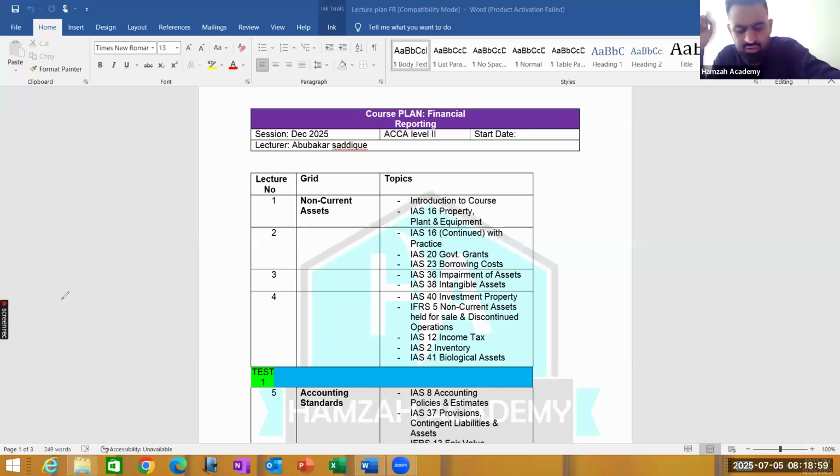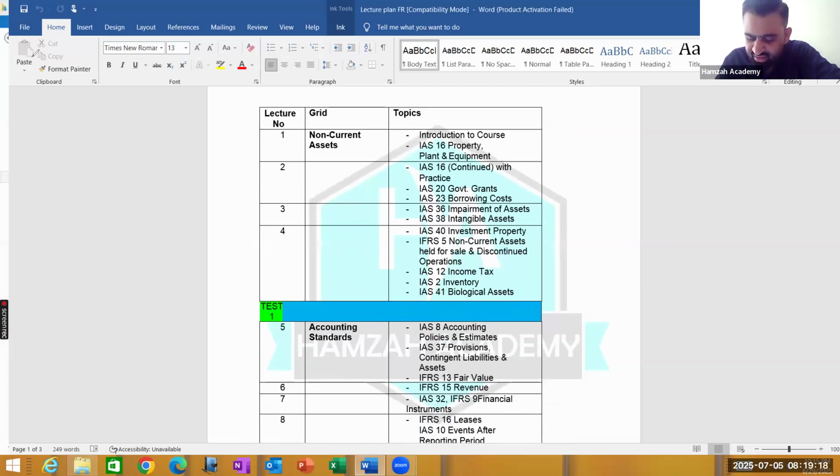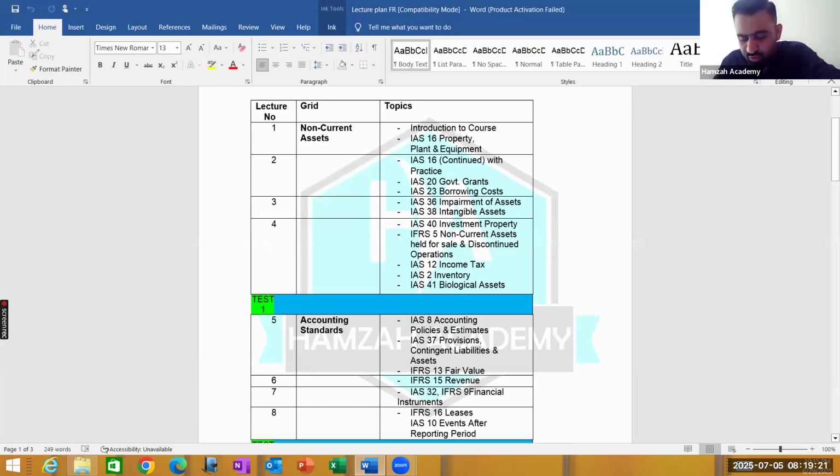Okay. Now, let's talk about the topics, the areas which we will be covering in this journey of financial reporting. That is a list of the topics and the pattern of the topic which we will follow in this class. The first topic we are going to cover here will be IAS 16, property, plant and equipment.